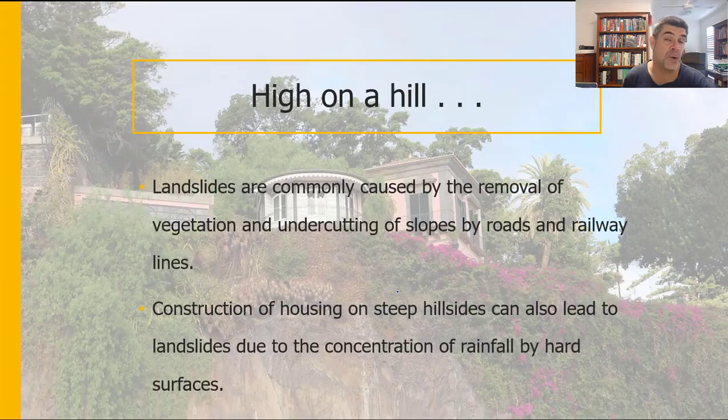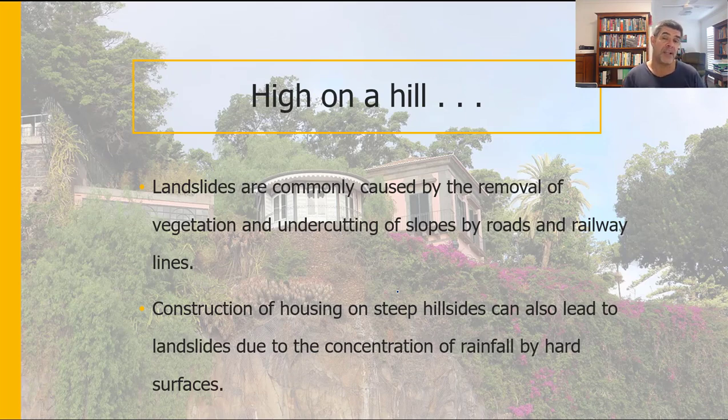One of the challenges, of course, is that we love our views. We love to be high up on hills. The thing with being high up on a hill is that you get a great view, but you also have a very large amount of earth underneath you, and often that can be relatively steep.